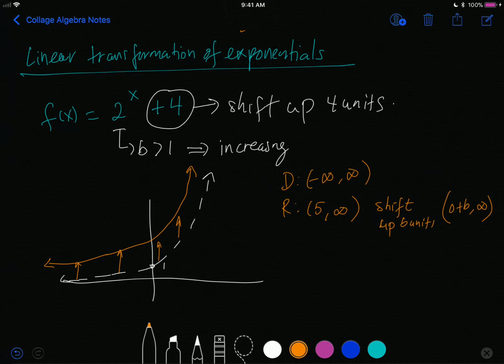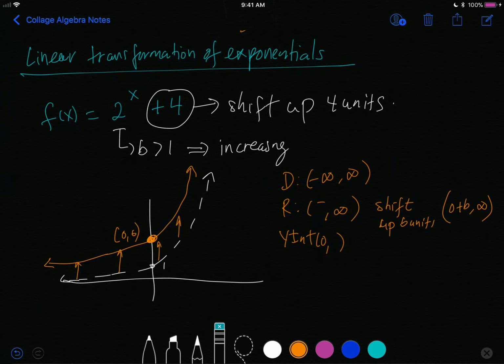My y-intercept used to be at (0, 1). Not (1, 0), that's backwards. But now I am shifting up. My new intercept right here is going to be (0, 5), because I'm going up by 4 units.